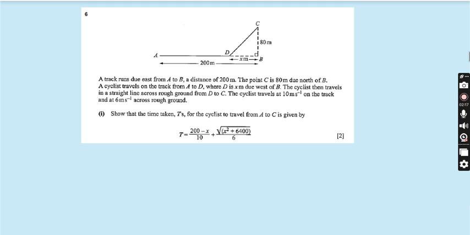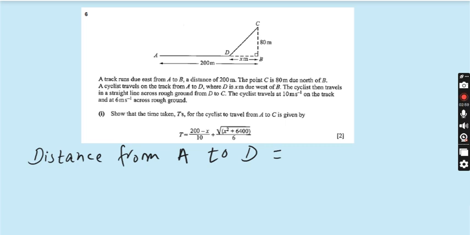So we have to show the time from A to C. Very easy. First we have to find the distance from point A to point D. You can see the total distance from A to B is 200 meters and the distance from D to B is x meters.